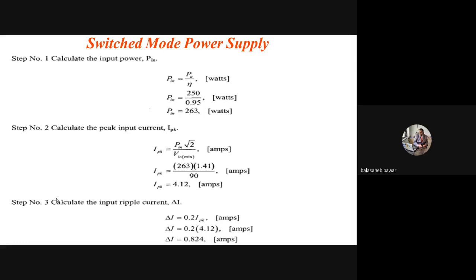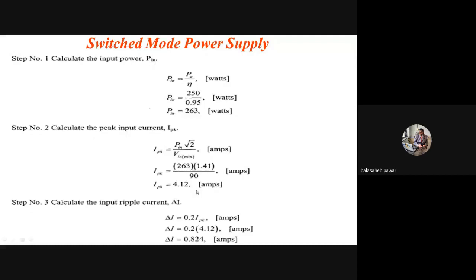Then we can obtain the output DC power of 250 watts as per the requirement. Okay. Then calculate the peak input current. The formula is given again. I peak means whenever the switch is on, how much the peak current should be. It depends on input power and input voltage times root 2. So input power divided by input voltage times root 2 will give you the peak input current, or primary current, so it comes as 4.12 amperes.